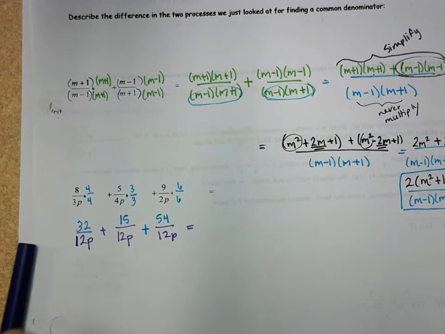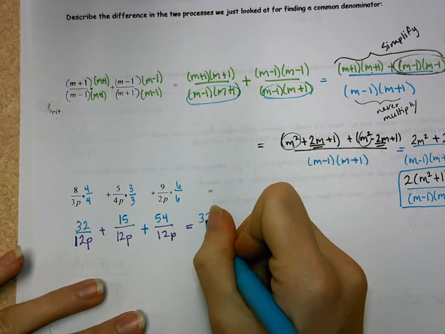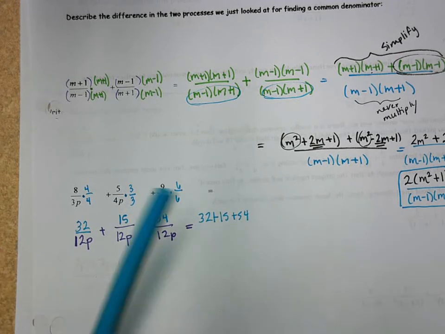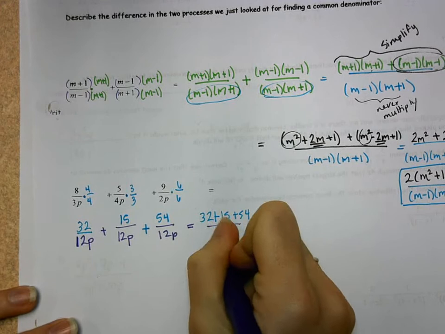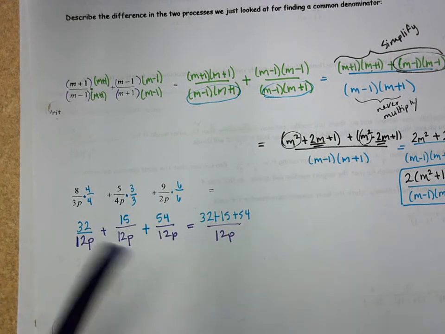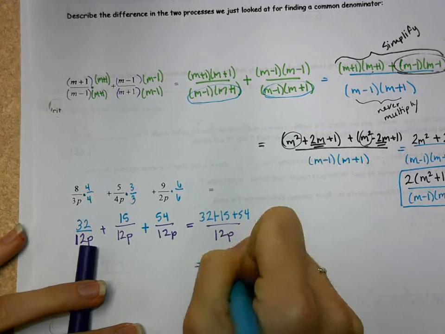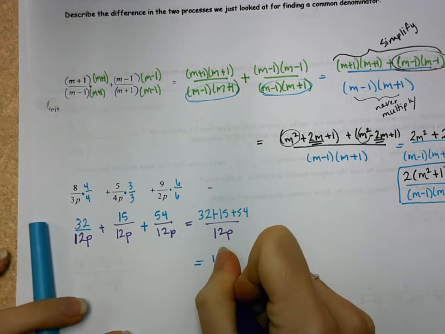Add my numerators together, so I'm going to add 32 plus 15 plus 54 over 12p. When you add these three numbers together, you get 101 over 12p.